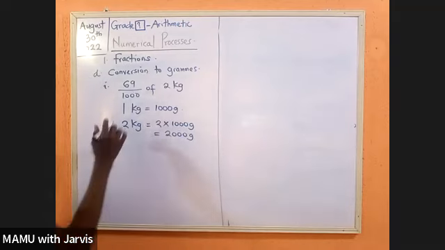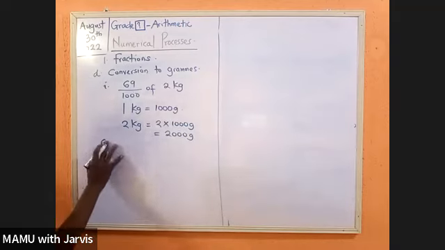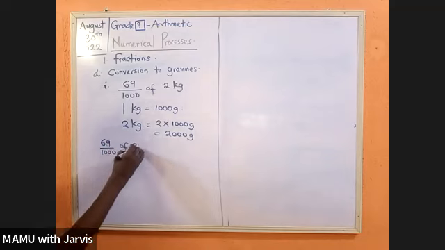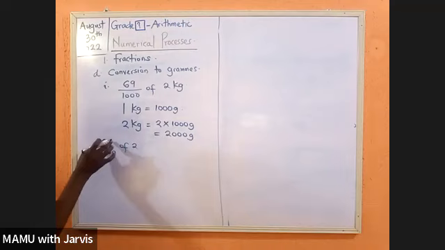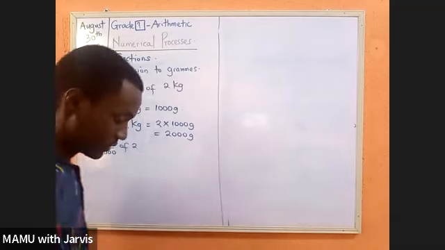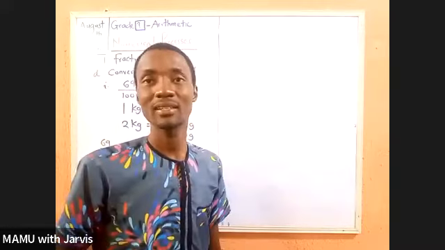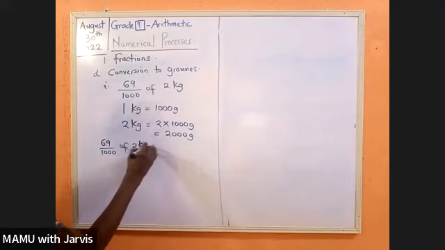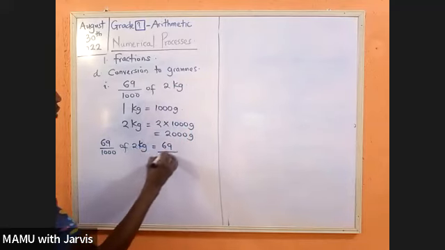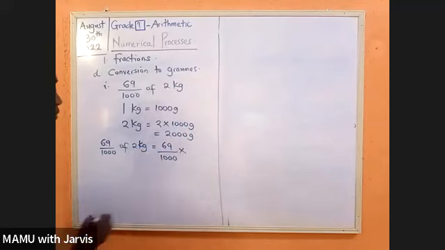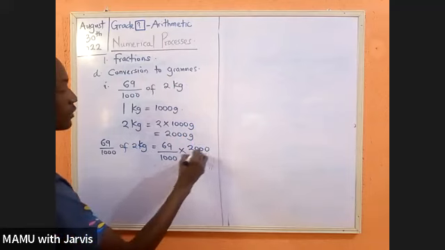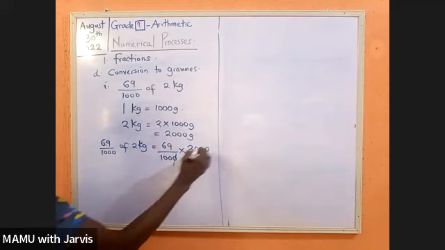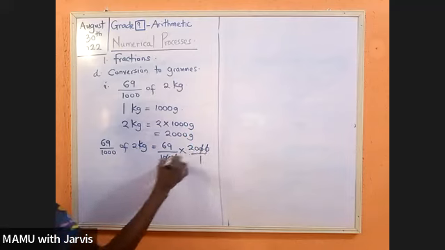Now with that sorted, I would now say 69 over 1,000 of 2 kg would imply 69 over 1,000 times 2,000 over 1. So these zeros will cancel out.